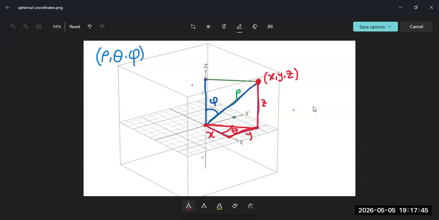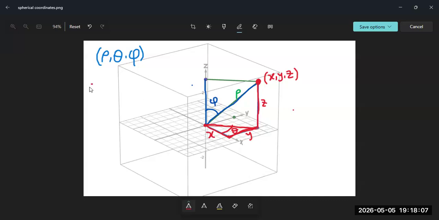So these are the given values. You know the rectangular coordinate of that point, but now we need to calculate this point in spherical coordinate system, that is, calculate rho, theta, and phi values for this X comma Y comma Z.